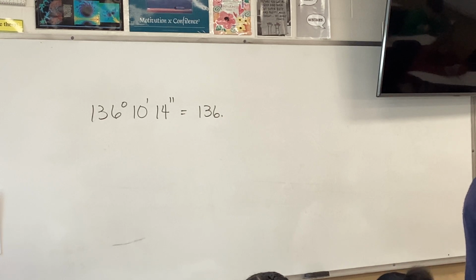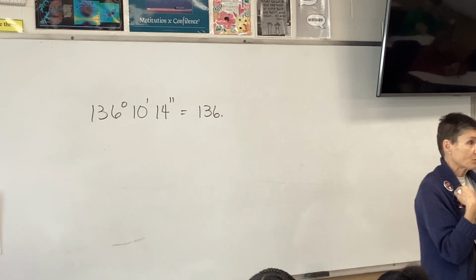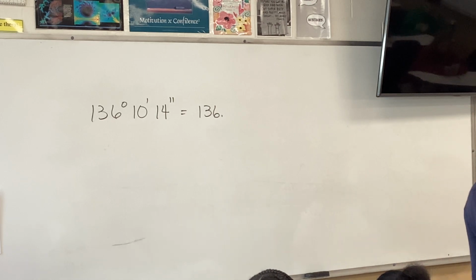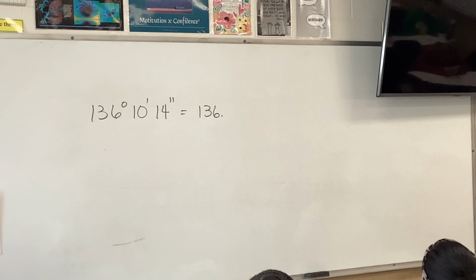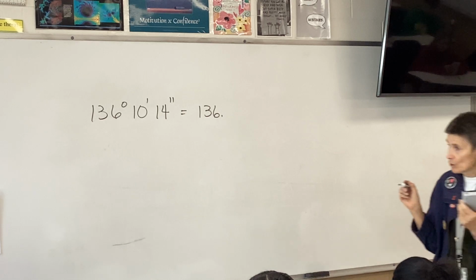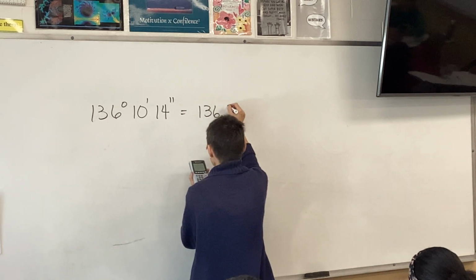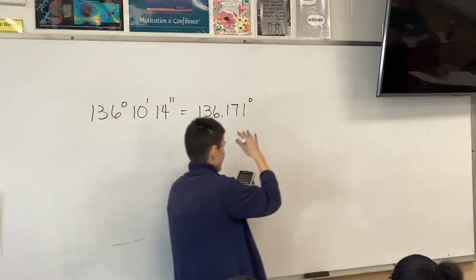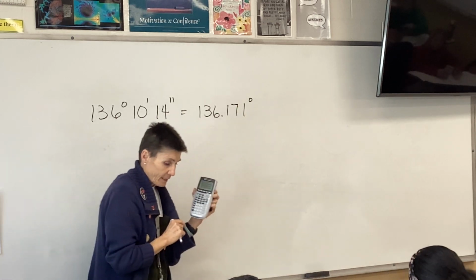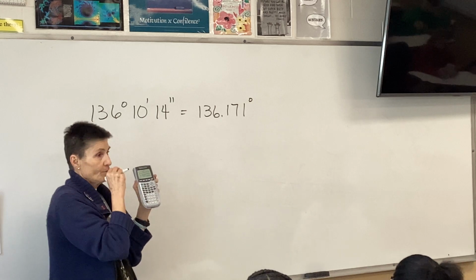So you press alpha plus. For me, it's green. When it's green, I know you gotta press your alpha button. Did everybody find it? Yeah. And that brings it up, then press enter. And your decimal is 136.171. I'll just round it off randomly. It doesn't say how to round, so I'll just round it off.